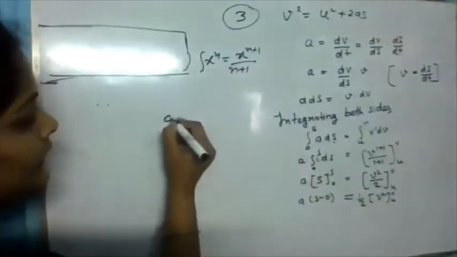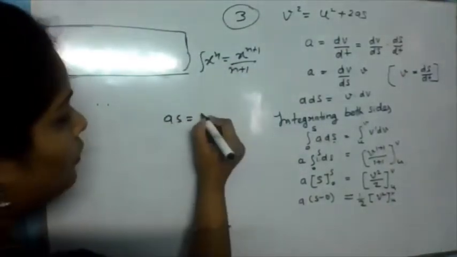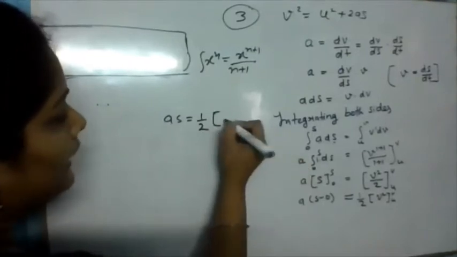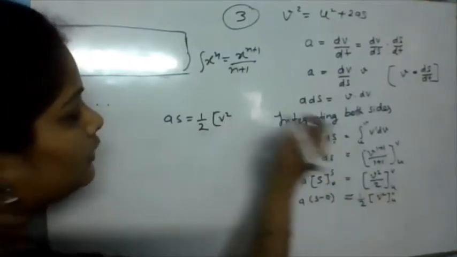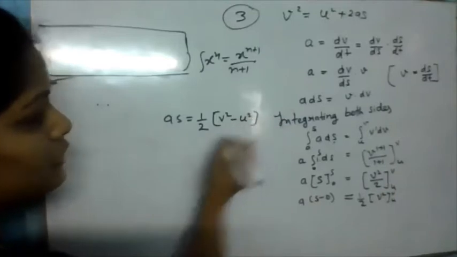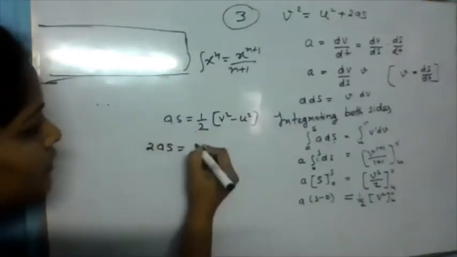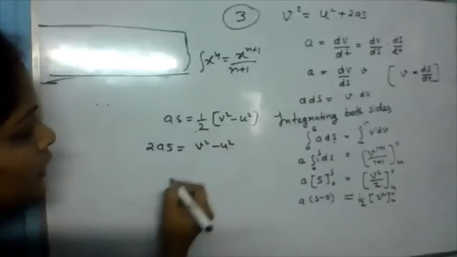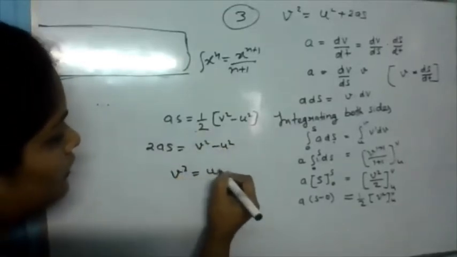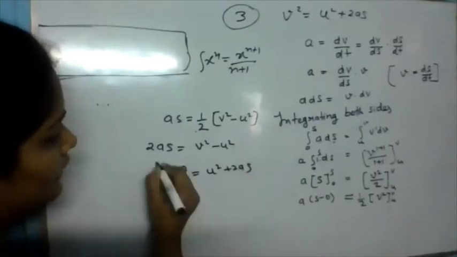So we can write as equals 1 upon 2, upper limit v minus lower limit u. So just write v square minus u square, v square equals u square plus 2as.